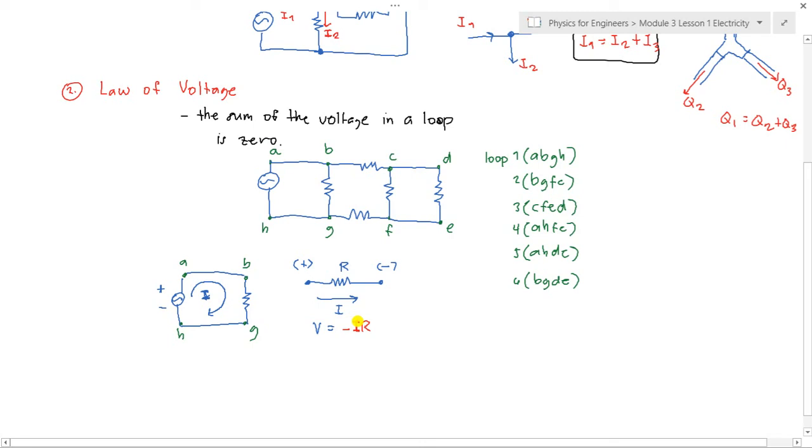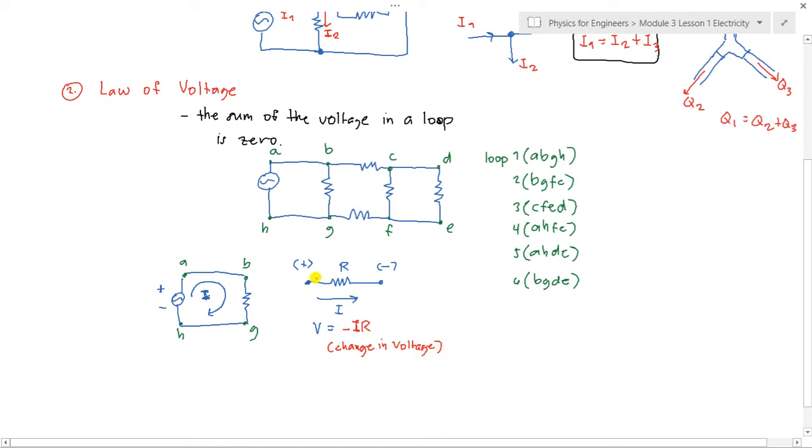Negative IR. Okay? What this means is the change in voltage. Why negative?